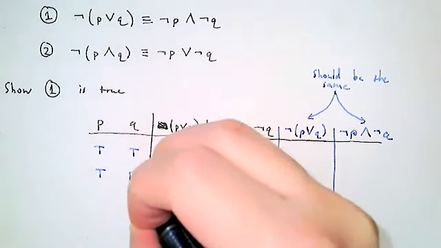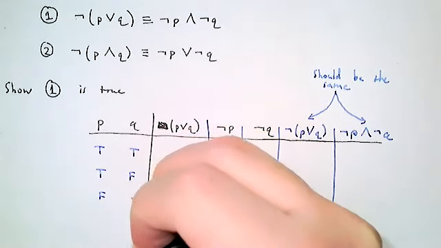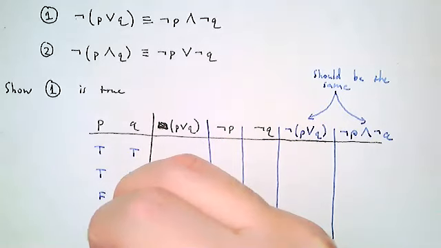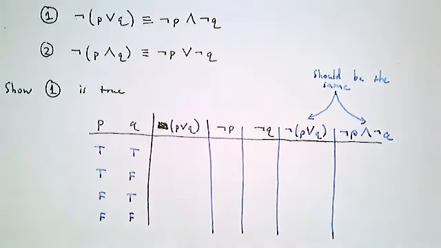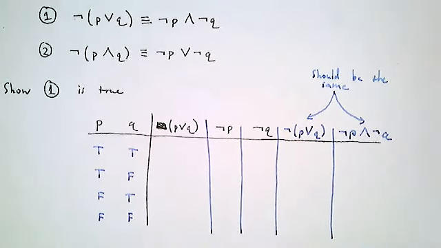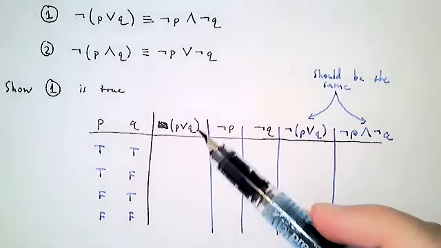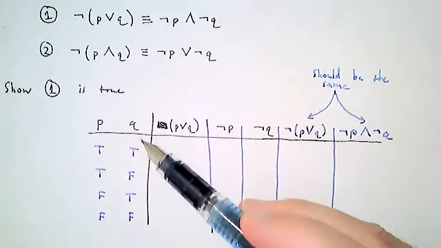We have 4 rows in this problem, since we're starting with 2 simple propositions. And then we build up P or Q. We need at least one true.